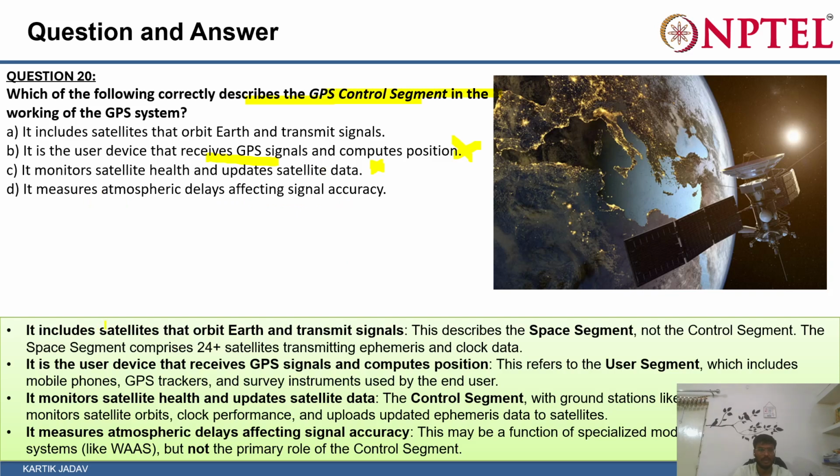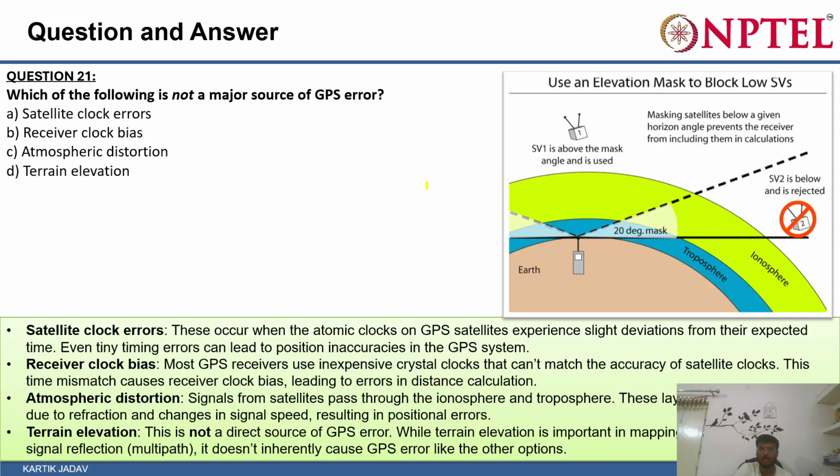We know that the space segment generally includes satellites that orbit the Earth and transmit the signals. So the correct answer is option C, that it monitors satellite health and updates satellite data. That is the control segment characteristic. The first one is related to the space segment, and the second one is related to the user segment.